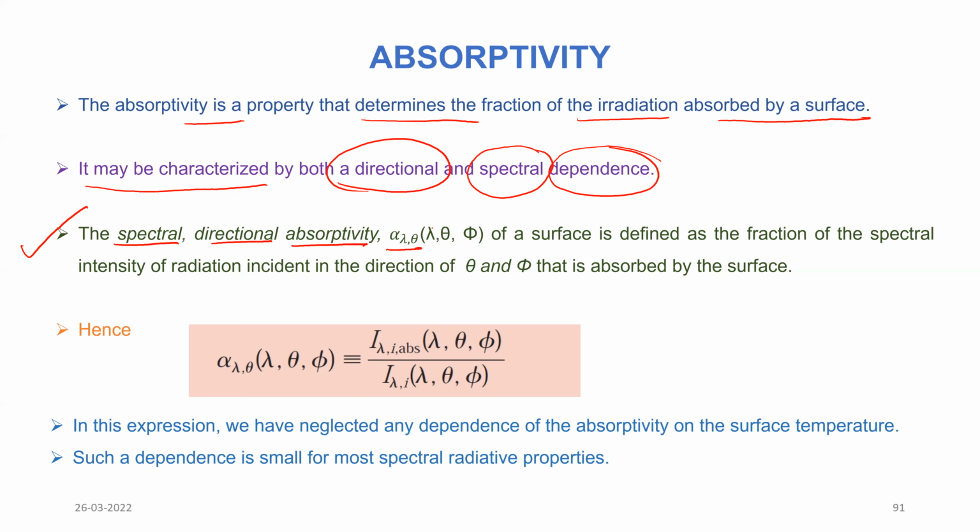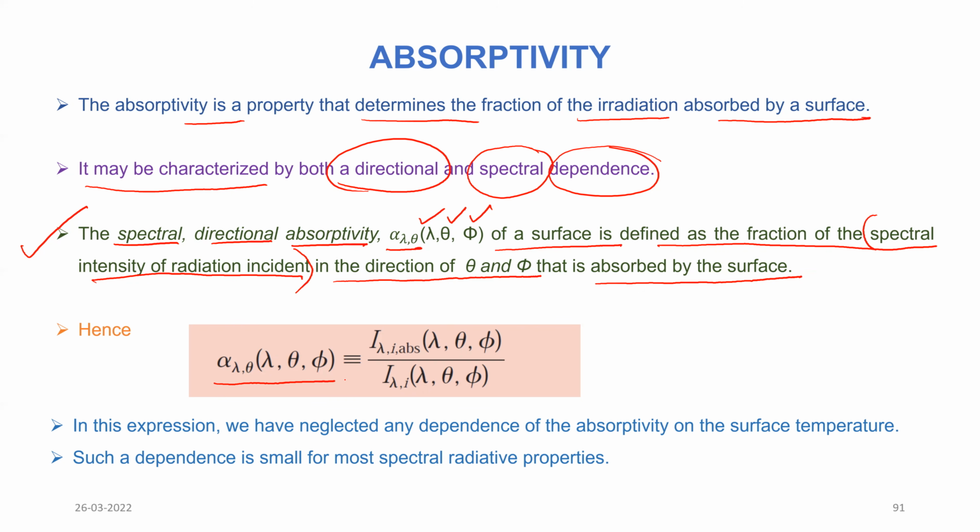It is dependent upon wavelength, the direction theta and direction phi, of a surface, and is defined as the fraction of the spectral intensity of the radiation incident in the direction theta and phi that is absorbed by the surface. So here we are talking about the spectral intensity of the incident radiation.